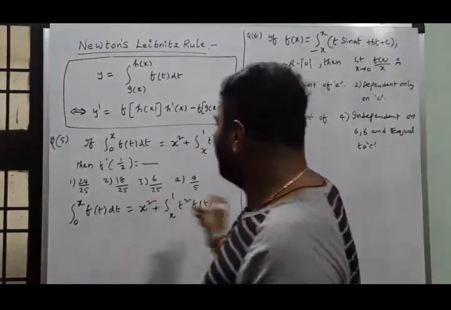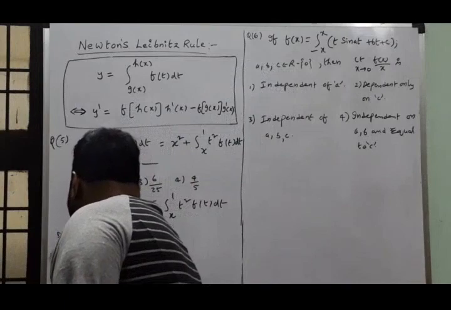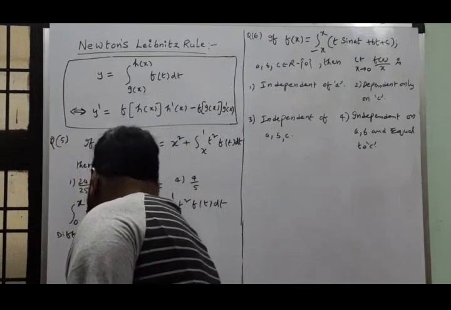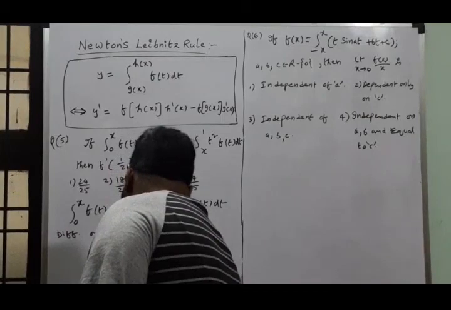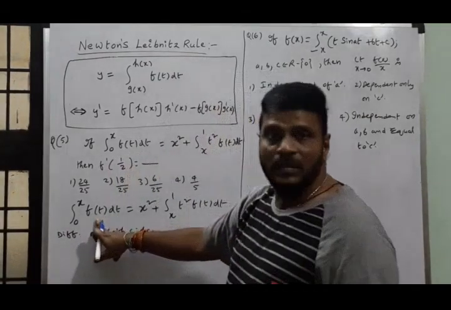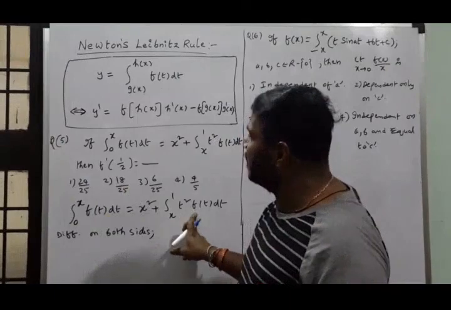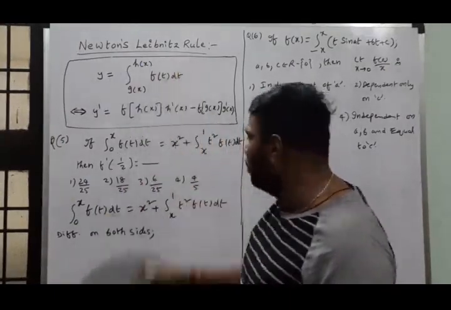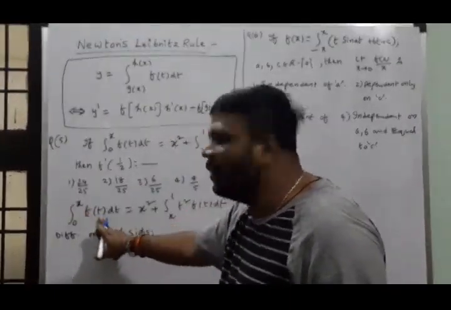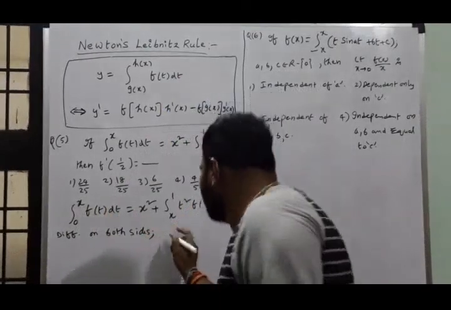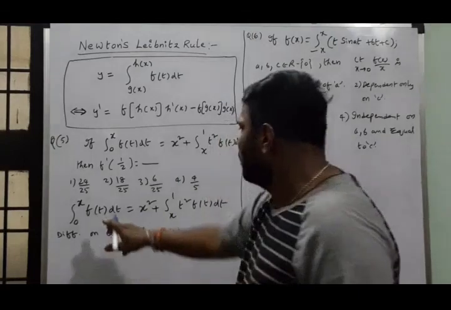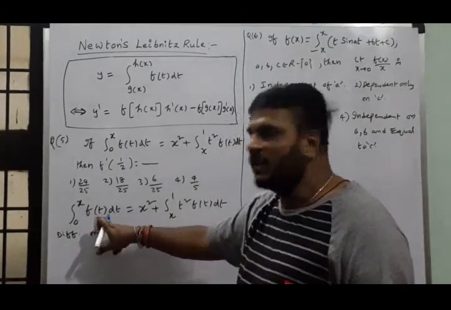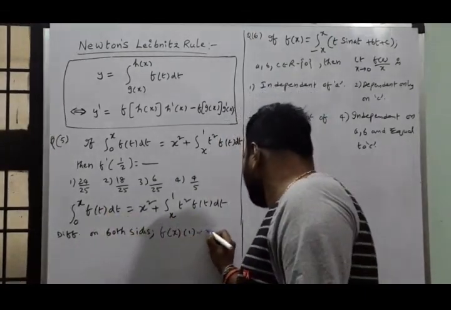Now differentiating on both sides, apply the Newton-Leibniz rule. Substitute upper limit and upper limit derivative: f of x into x derivative, which is 1. Substitute lower limit and lower limit derivative, 0.